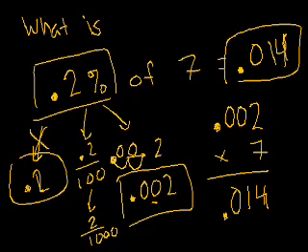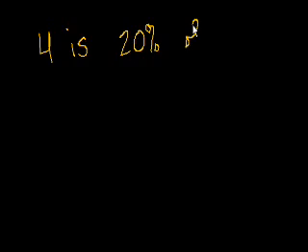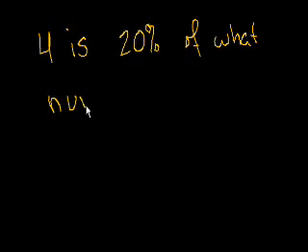So now I'm going to confuse you even further. What if I were to ask you, 4 is 20% of what number? So a lot of people's reflex might just be, oh, let me take 20%, it becomes 0.20, and multiply it times 4.